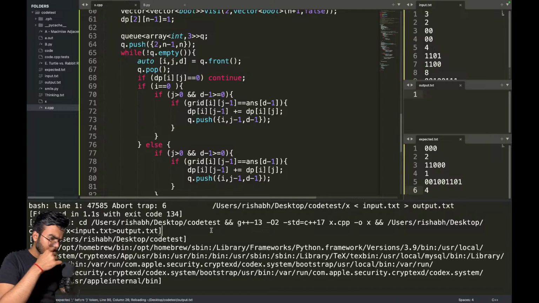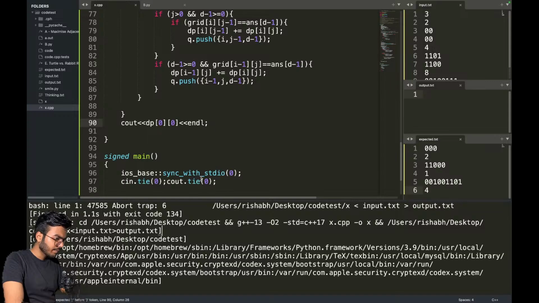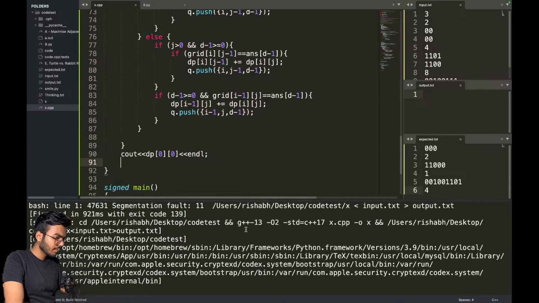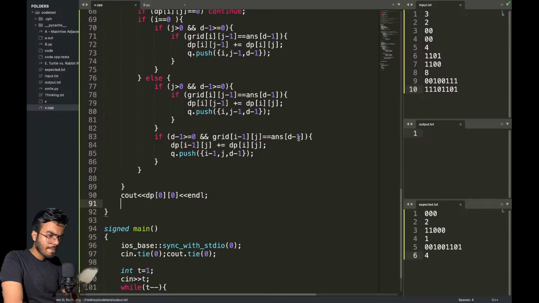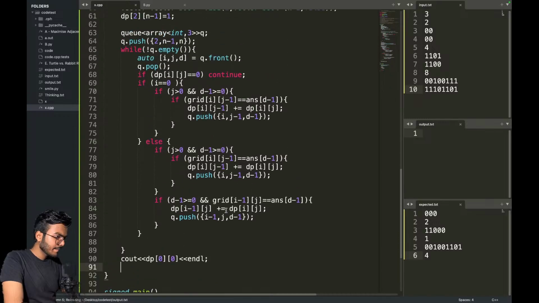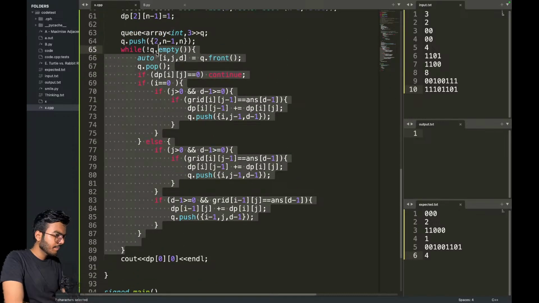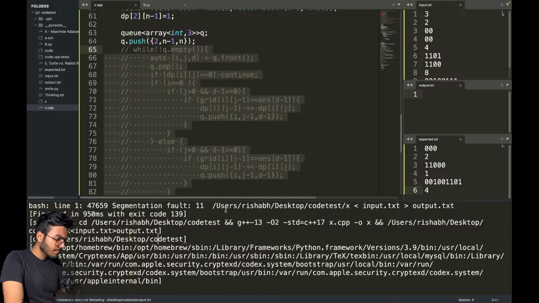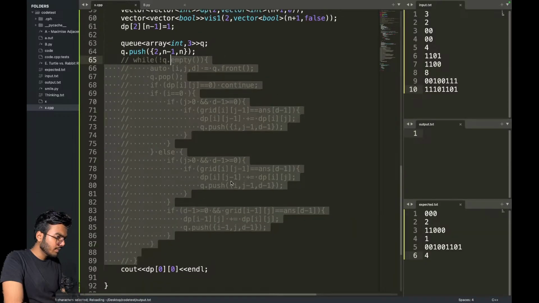Okay, we're getting some errors. Why are we getting error? I have never actually seen this error. Segmentation fault.